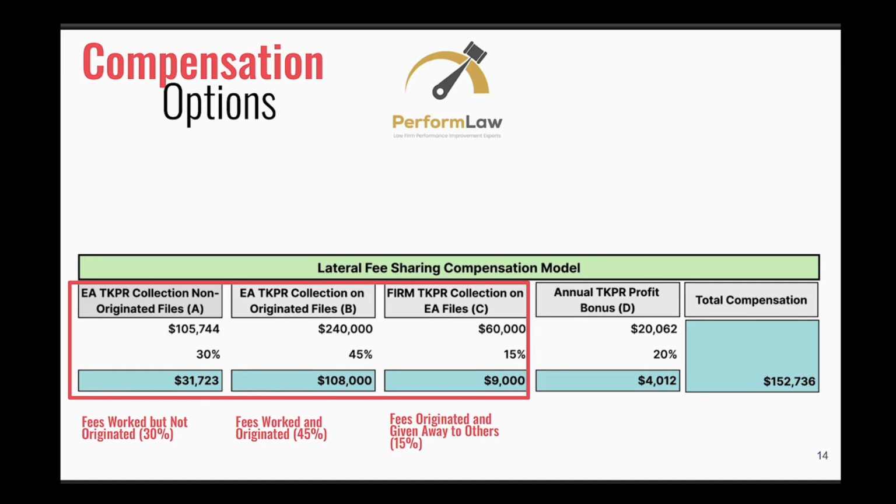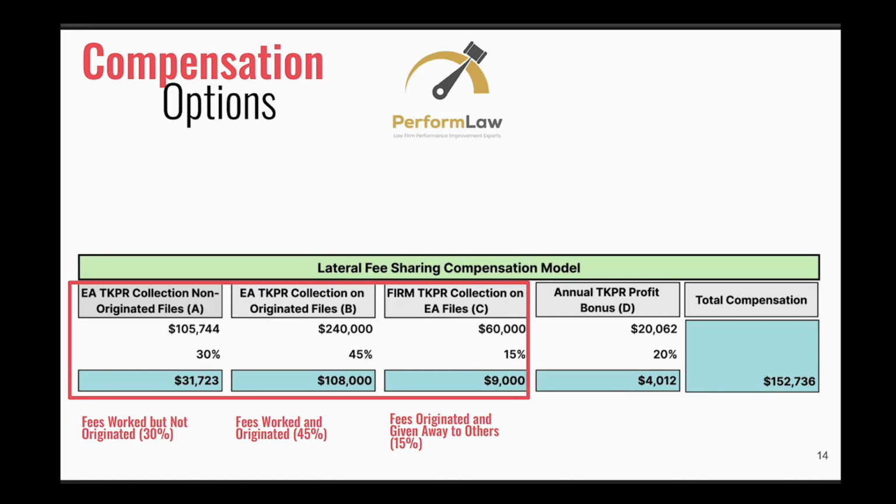So just talking about the formula for a moment, column A represents our example attorney's fees worked but not originated, and they're going to receive, according to this formula, 30% of those fees.